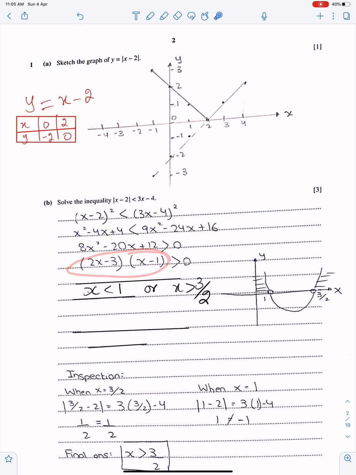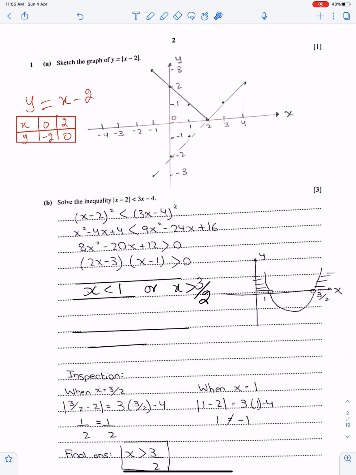Factorize this, make this sketch, and since we have the greater than sign, these are the possible solutions. And just verify your solutions. So replace this inequality sign by equal, and then these inequalities are also replaced by equal signs. So when x is 3 upon 2, this equation is verified. When x is 1, this is not verifying.